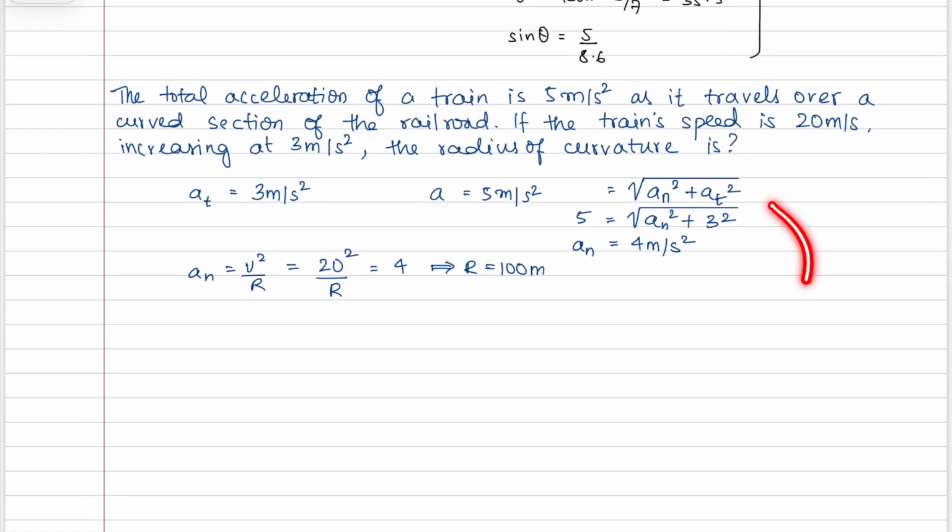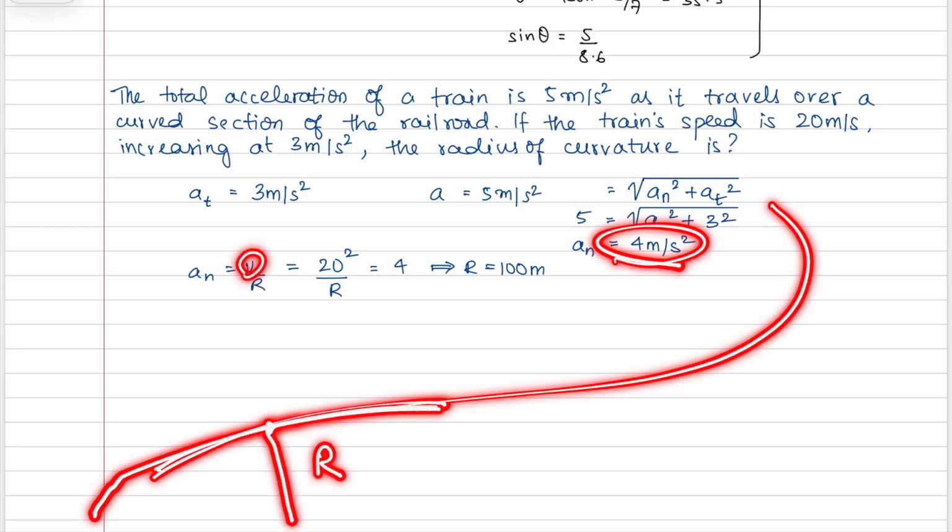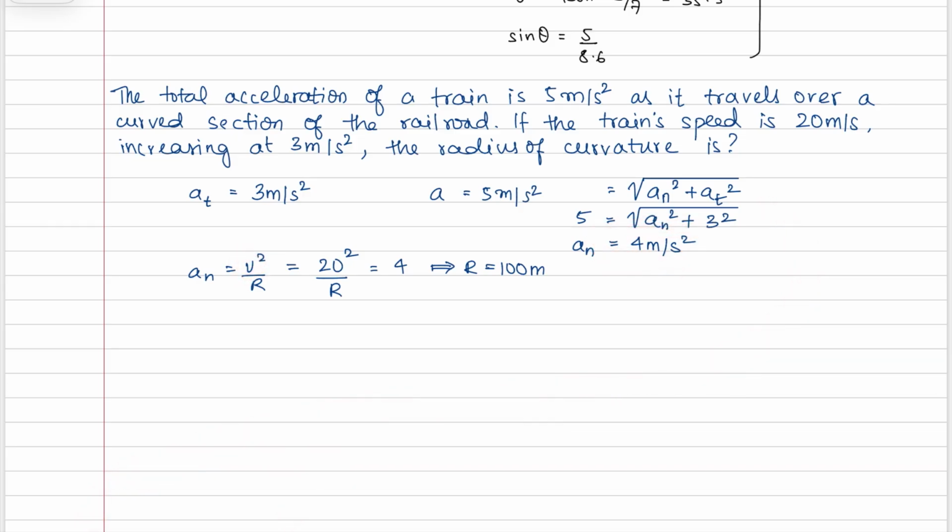So essentially, at this instance, as the train is moving along the radius of curvature along the railroad, its speed is increasing at 3 meters per second square, but because it is having some curvature in that region of the railroad, the component that is normal acceleration, we found that first, and then we equated that to v squared by r to then find out what is the radius of curvature. Okay, I hope this makes sense.